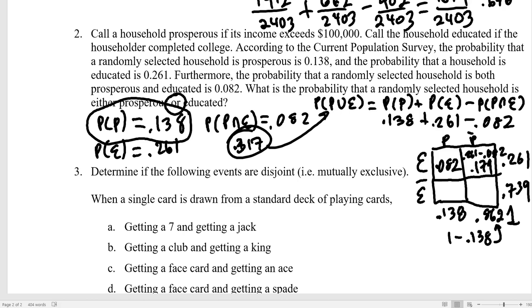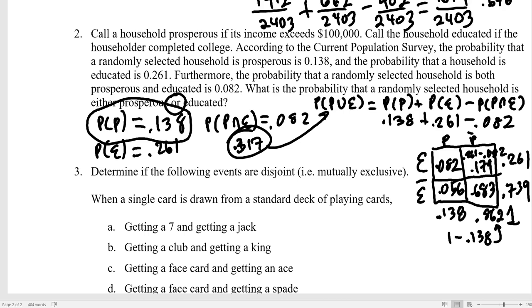These should total to 0.138, so I can subtract away and figure out what goes in here. It would be 0.056. And I can do the same thing to figure out this last little piece. 0.739 minus 0.056 would be 0.683. And totaling down should total to 0.862.